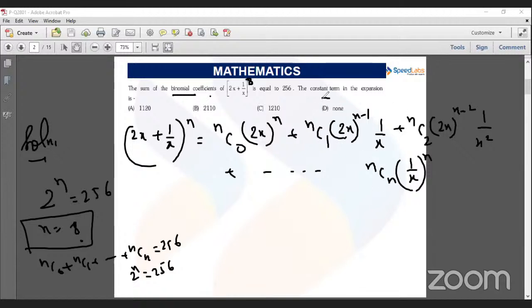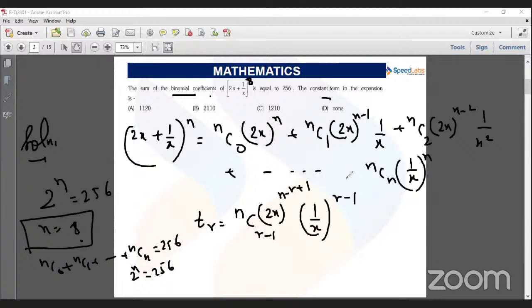So the constant term would be a term which is independent of x. So let the general term be nC(r-1) 1 by x power (r-1) and (2x) power (n-r+1). And n is 8 here, by the way, so let's keep it 8. So the independent term would be when the power of x, 8 minus r plus 1, is equal to the power of x in the denominator, r minus 1.